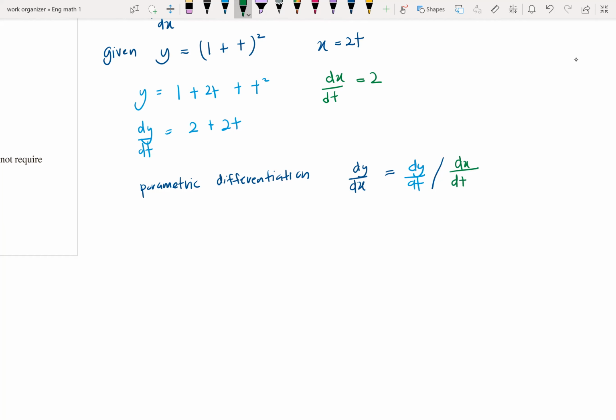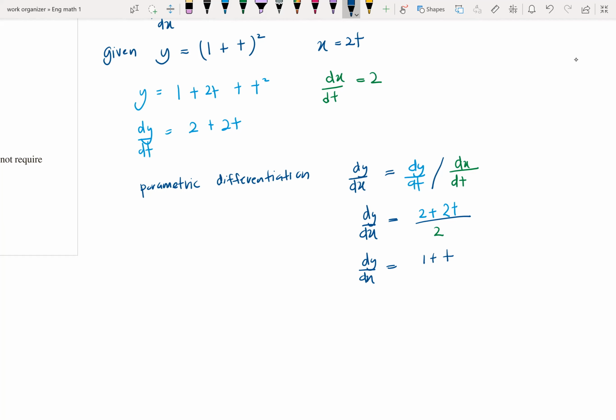So dy over dt is 2 plus 2t, over 2. Simplify, it will become 1 plus t.